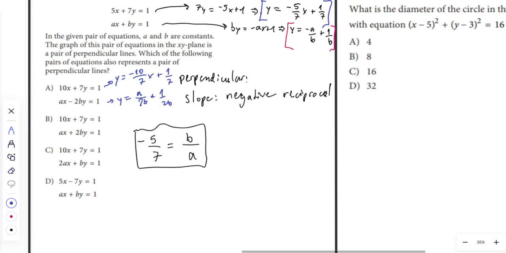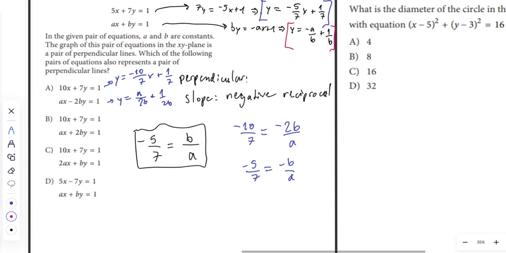Comparing those slopes, we'd get negative 10 over 7. And let's check if this is the negative reciprocal, negative 2b over a. If we divide everything by 2, we get negative 5 over 7 is equal to negative b over a. So close, but there's an extra negative here that we see that's not in this one. But B looks pretty promising. It's the same thing, but with a different sign.